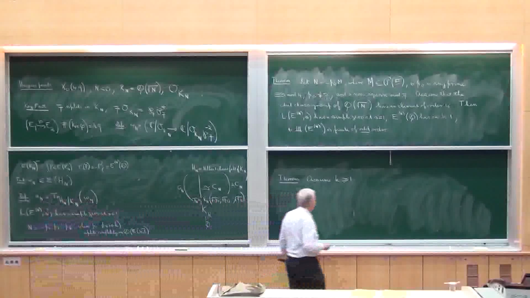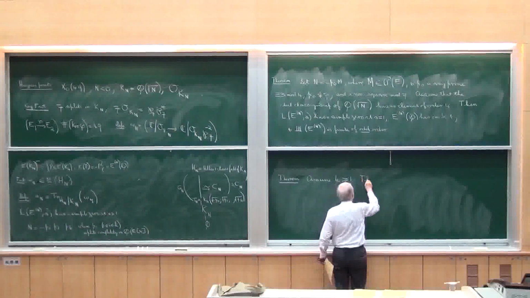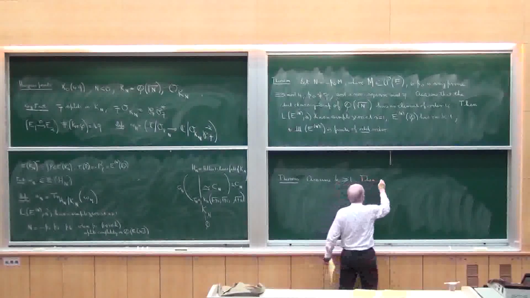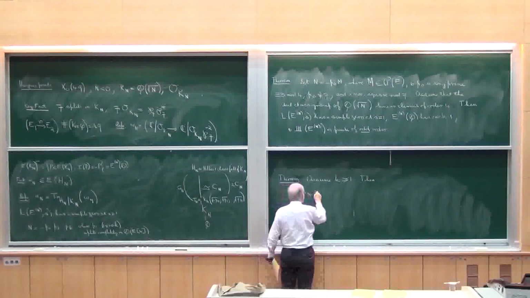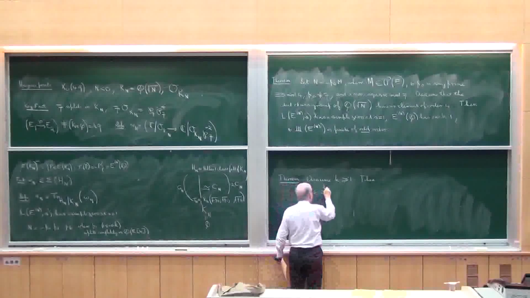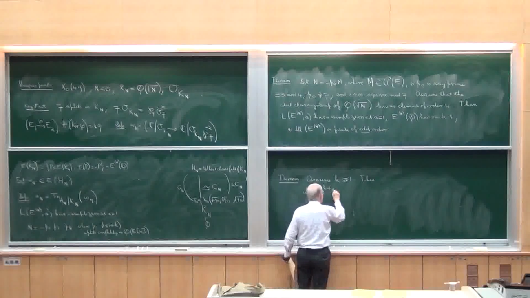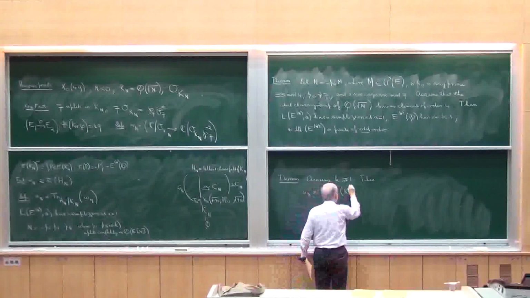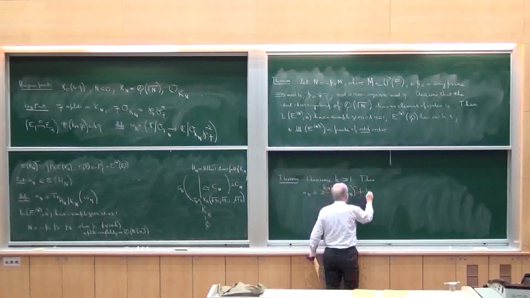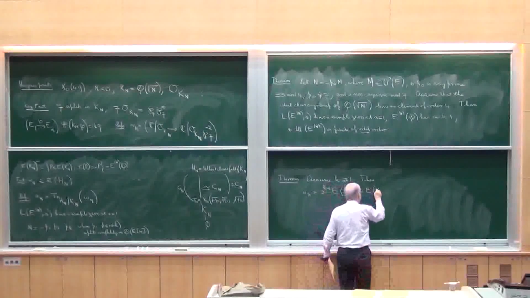Then, in fact, un always belongs to 2 to the k minus 1 times E(Kn) minus plus E(Kn).